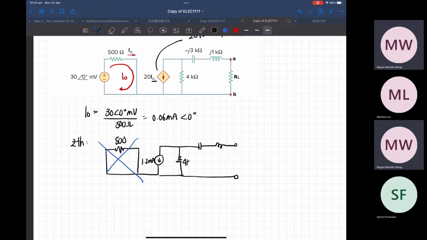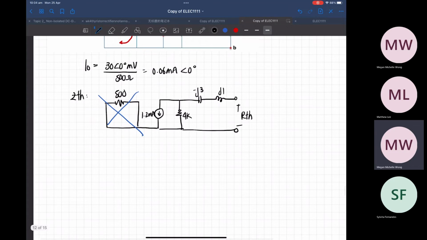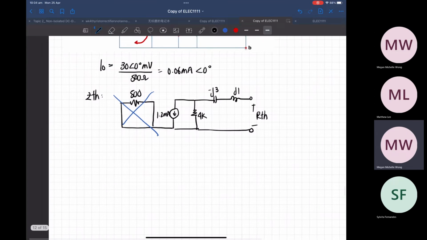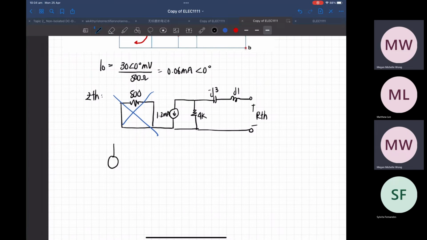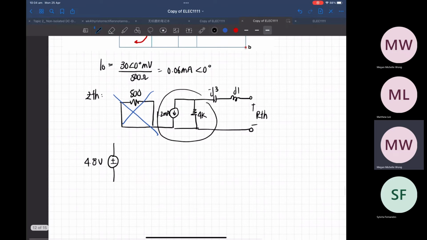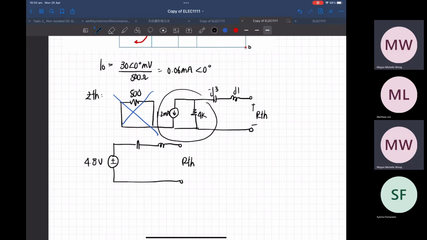This is 4K. This is my J3, J1, and then your Thevenin. So this is my 4.8. We do a source transformation on this one, and then I'll get 4.8 volts, and then my Thevenin.